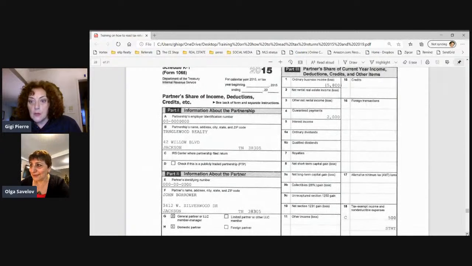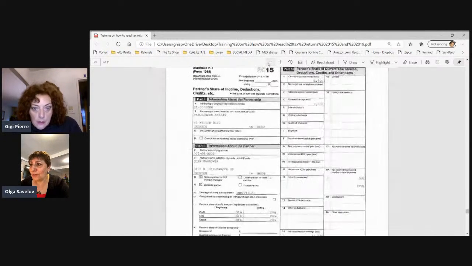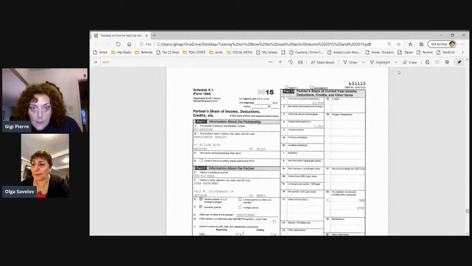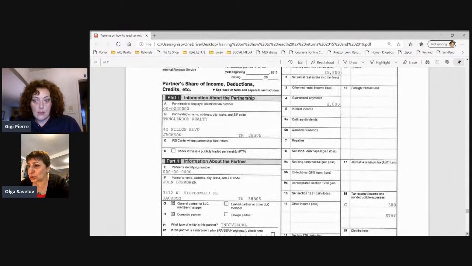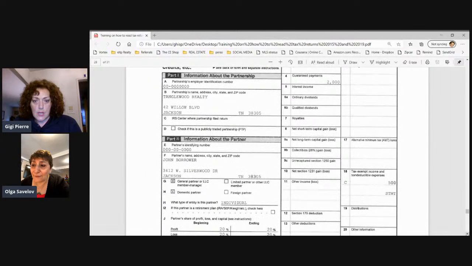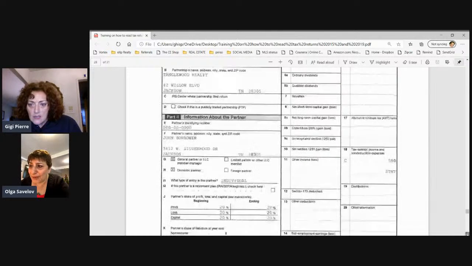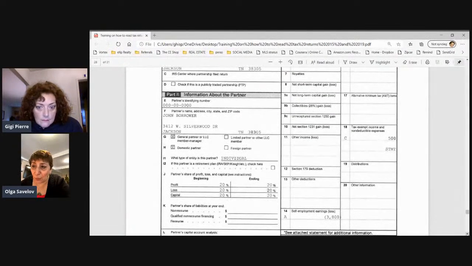All right. So that's a fun one. On a K1, you're going to show whether the client has ordinary business income or loss. Remember, we had one, Tangible Realty, that showed a loss of 5,800. So it's going to show a 5,800 loss. It's going to show here the profit or loss. Basically, they're a 20% owner.